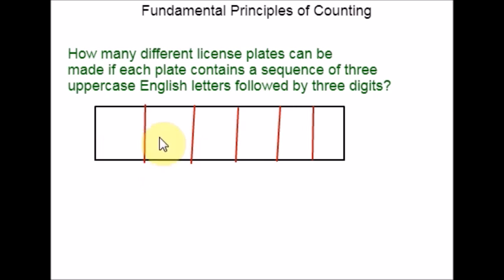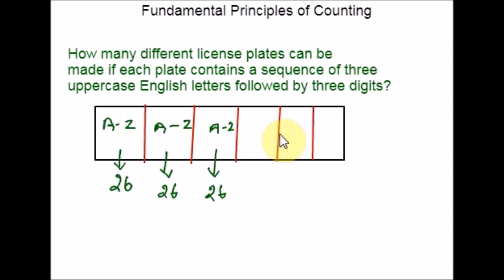Again, you have 26 choices because in this question they didn't mention that repetition is not allowed, so you need not worry about repetition here. For the first 3 blanks, you have 26 choices for each of the letters. Now let's see the digits. How many single digits are there? 0 to 9, am I right?